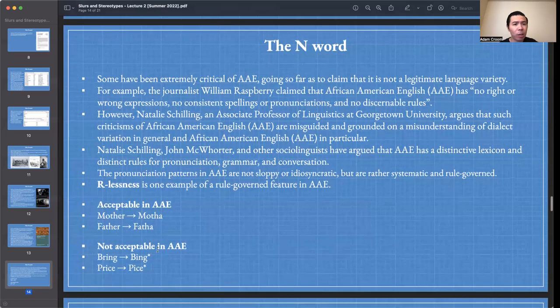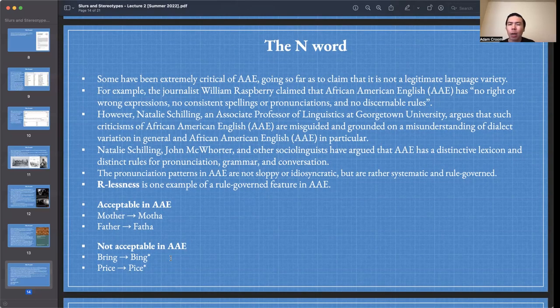Okay. So we see that R-lessness, or dropping the R, is acceptable when R occurs at the end, right? It's not acceptable when R occurs somewhere else in the middle. Okay. And if you're interested in studying this, you're free to, as a research paper, investigate when is it appropriate to drop the R and when is it not.